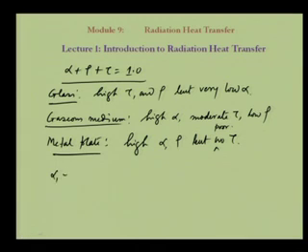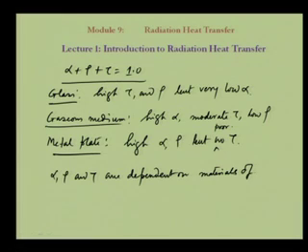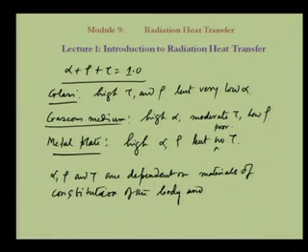So, alpha, rho and tau are dependent on the material of constitution of the body and the surface characteristics, because surface is very important here.